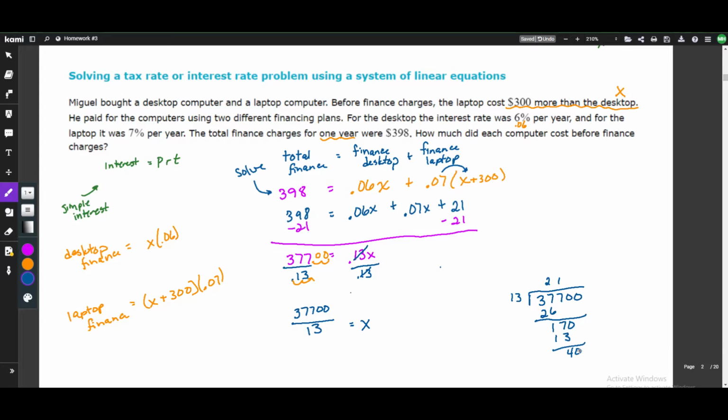I did something very creative. So, all right, my creativity is, I'm missing my 1. 37 minus 26 is actually 11. Bring down my 7, so that is where my problem is. Very creative. All right, so 13 goes into 11.